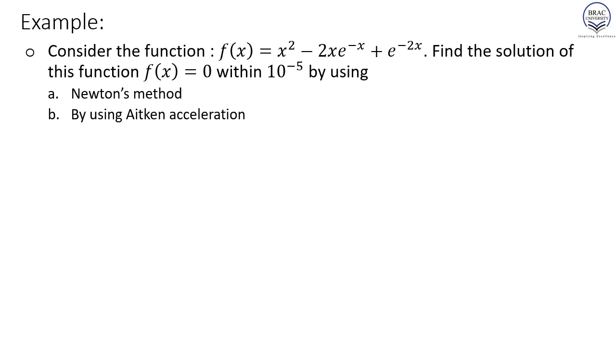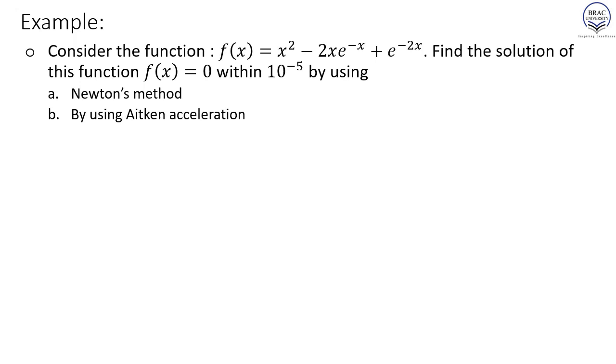Okay, so we are going to find the solution, which means that f of x equal to 0 within 10 to the power minus 5 by using Newton's method first and then by applying the Aitken acceleration. So that is our problem, and that we need to find a solution of it.